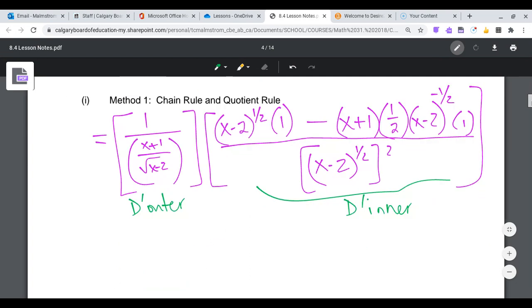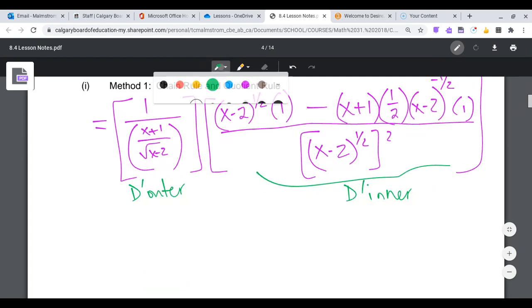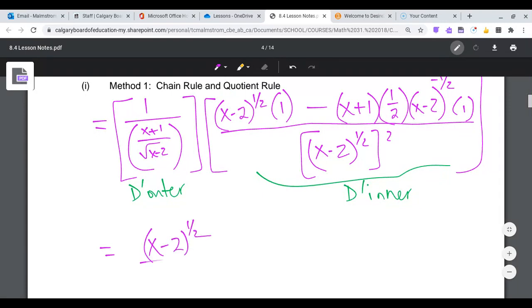Okay, so now we have to try and tidy this up. Let's see what we can do. So first of all, this front guy is going to flip. And so let's do that. And then what's going to happen over on this other side? So do we have a common factor on the top? And we have a fraction. So I'm going to pull out that half. I'm going to pull out x minus 2 to the negative half. That's pull out the one with the lowest exponent.